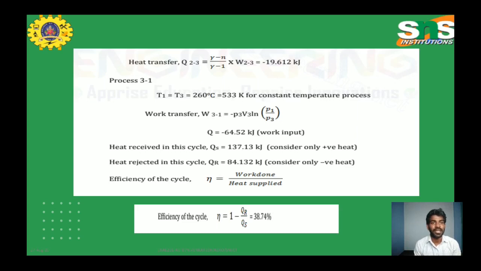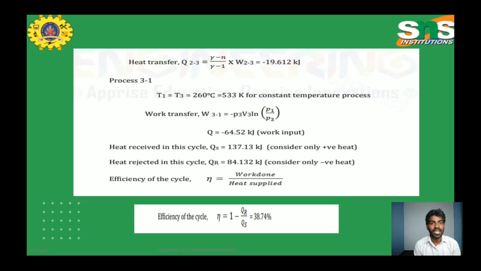The basic formula of work done is P3 V3 ln (P1 by P2). Heat received in this cycle is indicated by QS, and heat rejected in this cycle is indicated by QR. The positive value is considered as heat supplied and the negative value is considered as heat rejection.